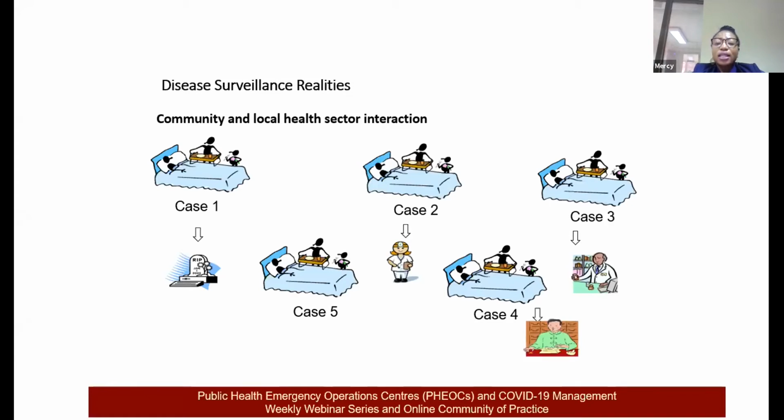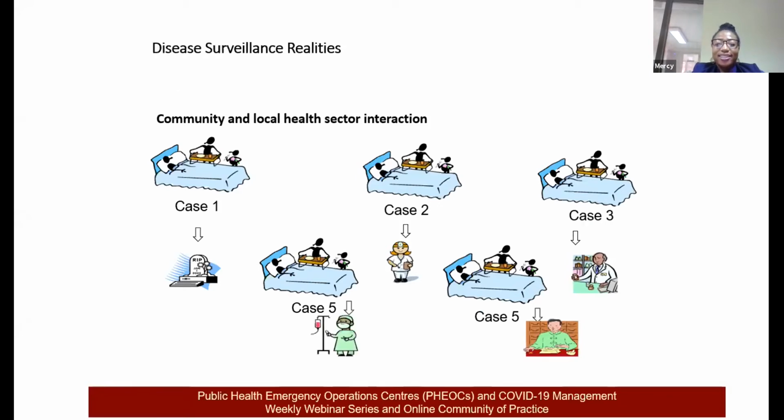Case 4 goes to a traditional healer, as is the norm in Africa. Maybe he or she was told that he or she has been bewitched by one of the family members. Case 5 goes to clinician B in a private facility and gets medical help.